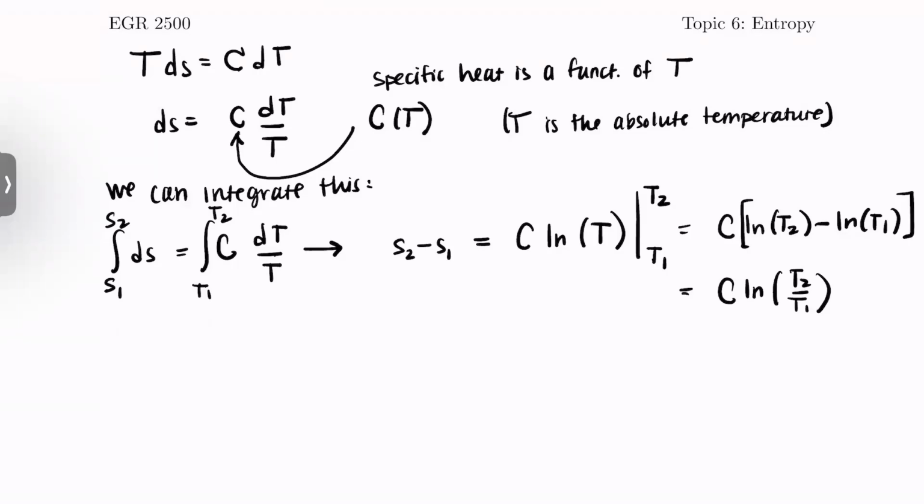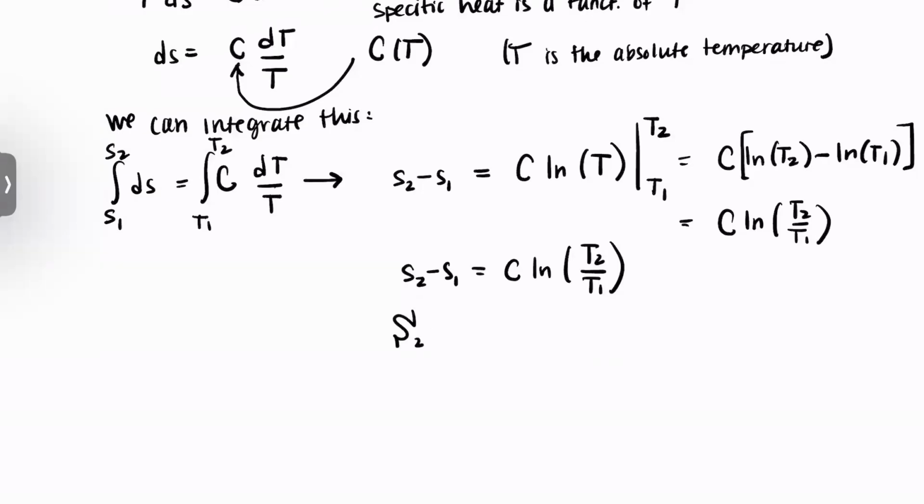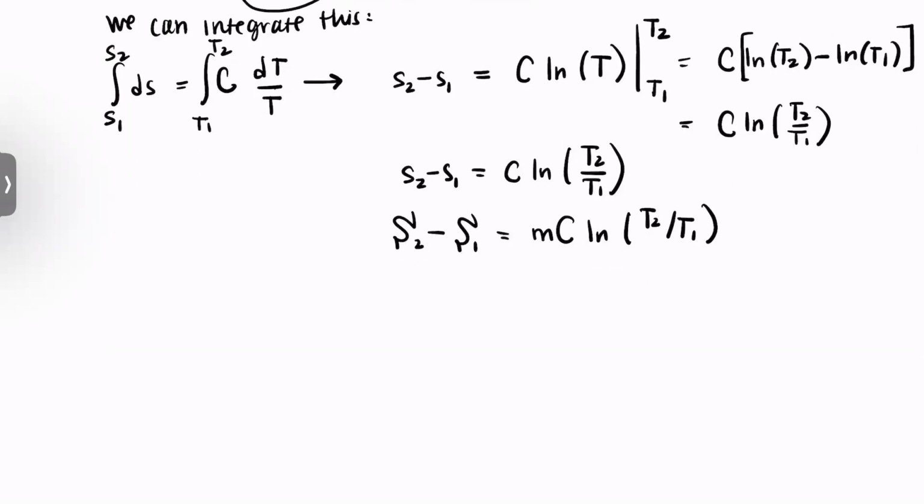All right, so we have two versions of this equation for the specific change in entropy. This is C times the natural log of the ratio of the temperatures. Or I can write this in terms of total entropy if I multiply by the mass. Okay. All right, keep in mind that these are absolute temperatures.